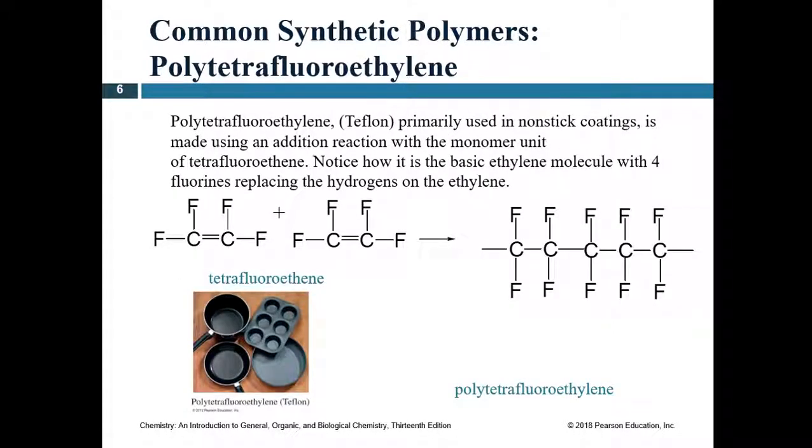Now Teflon, you probably have some Teflon in your house, with Teflon coating on your pans. I don't mean you put it on, but you have it on your pans. And so you go, well, what's Teflon? Well, T from the tetra, because we have 4 fluorine atoms on our basic ethylene unit.